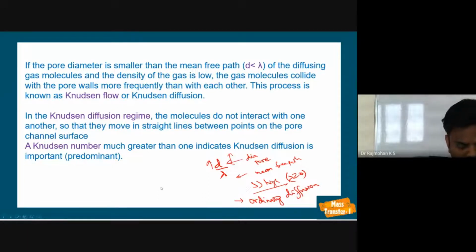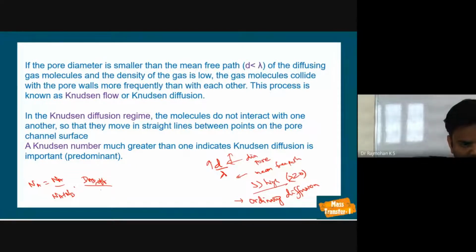Then in this case, which equation is applicable? We know the flux equation, right? Generally, N_A equals N_A by (N_A plus N_B) into... We can use the same equation, only we have to make use of some effective diffusivity. What is that? We will see.